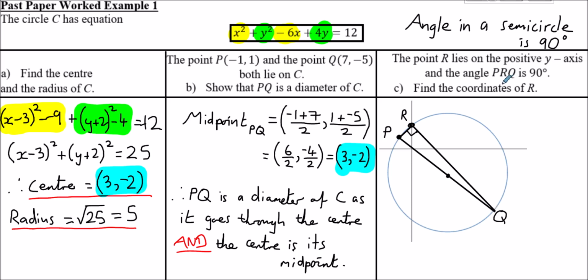So what we can do is substitute in x equals 0 into the formula for our circle, because when x is 0, that's where it's on the y-axis. So sub x equals 0 into the equation of the circle.